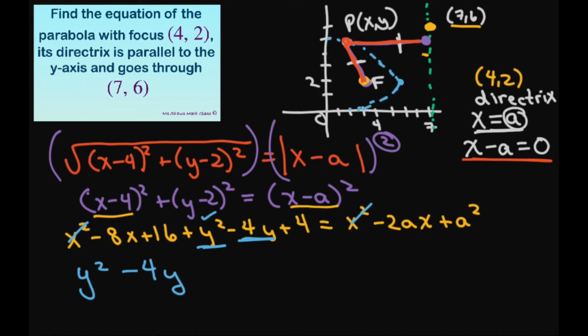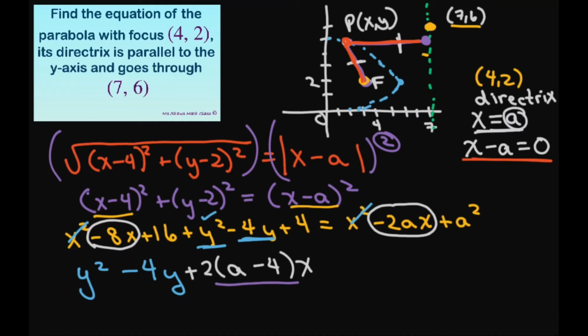Now let's look at our x. For x, we have this negative 8x and negative 2ax. So I can write this as plus (2a minus 4), and then put the x here. If you simplify all this, we'll get this back.